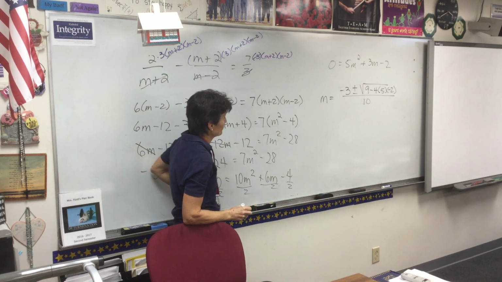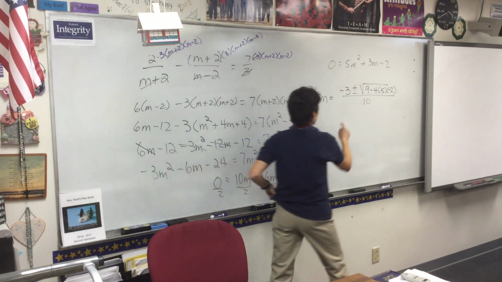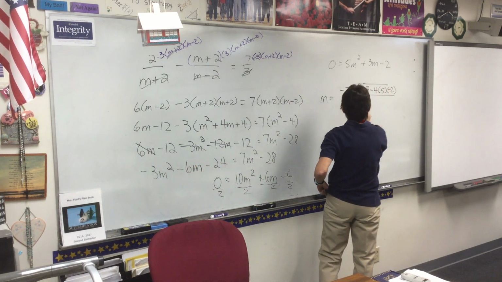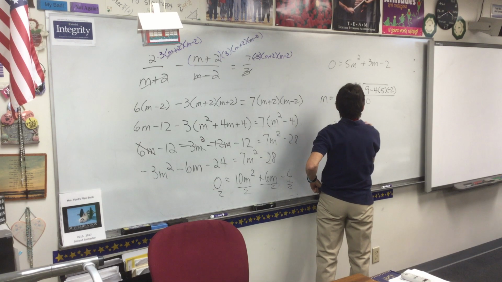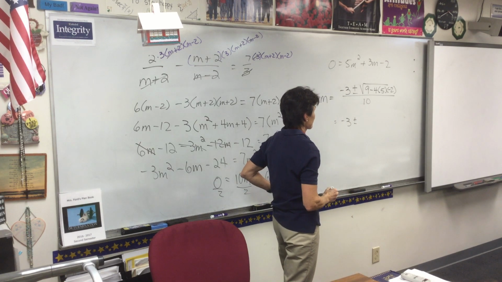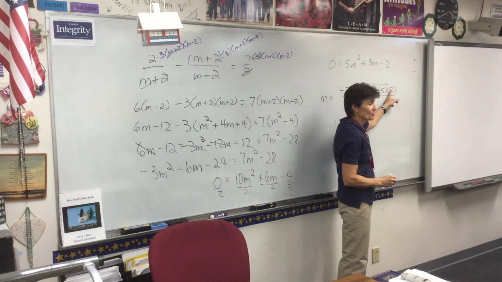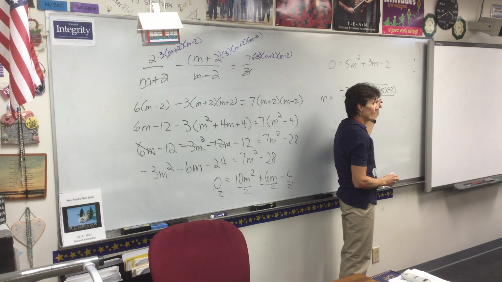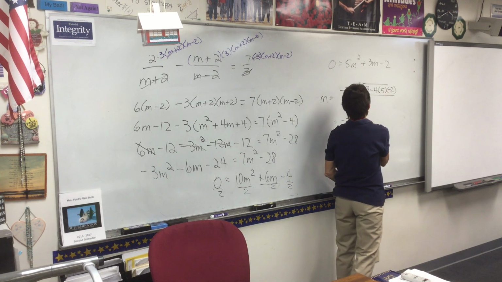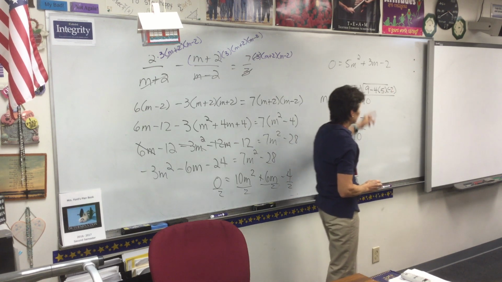Yeah, it does factor. What's 4 times 5 times 2? 40 plus 9? It's 49. So this is just going to be 7, because that equals 49.